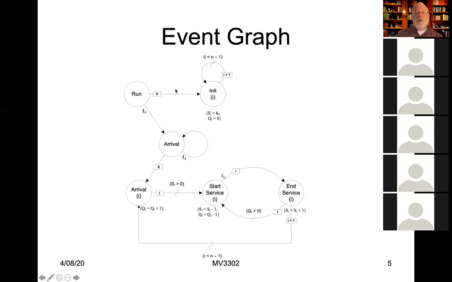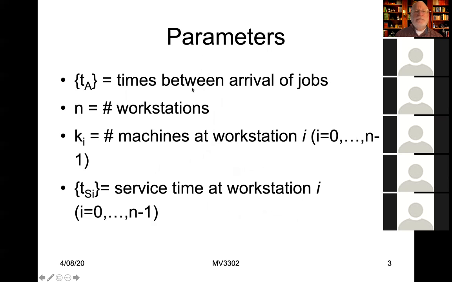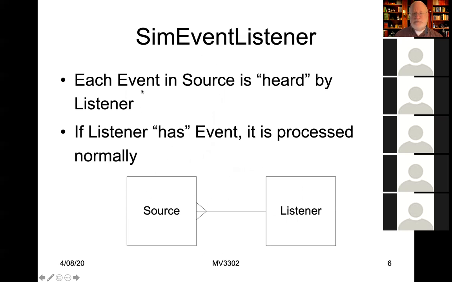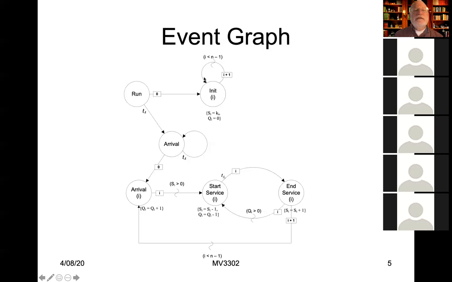Just focusing on this initialization piece, when run occurs, run will schedule init passing 0. So init 0 will occur, and when it occurs, it will set S0 equal to K0, and it will set Q0 equal to 0.